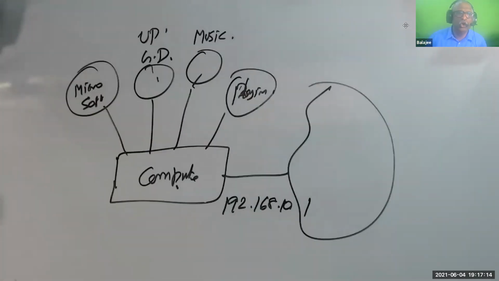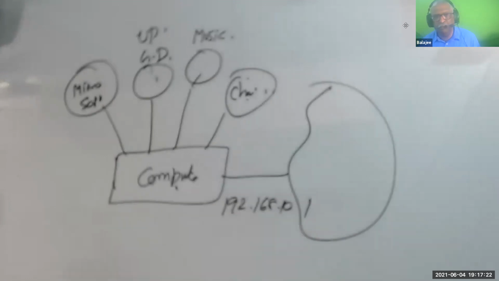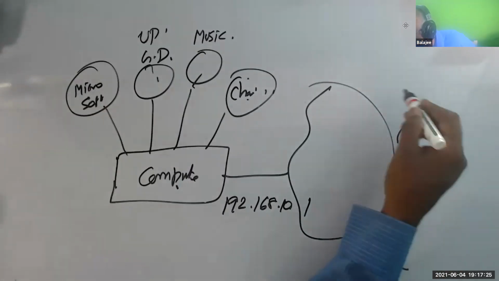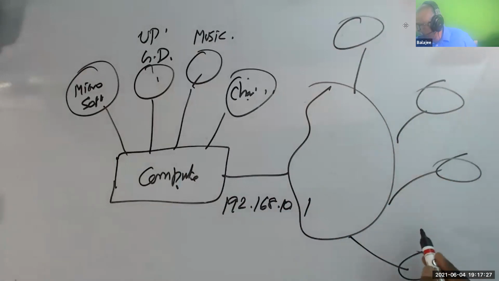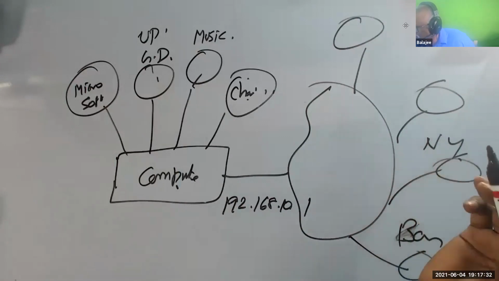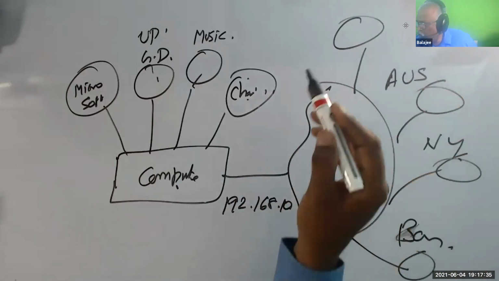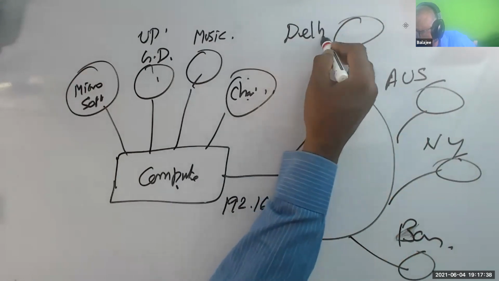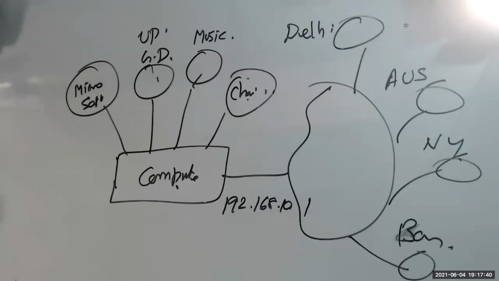So you are doing 4 activities, or you may be chatting with your friends. But the problem is, all 4 friends are at 4 different places. One could be at Bangalore, one at New York, one at Australia, one at Delhi. So now you, from Chennai, can talk to anybody simultaneously.